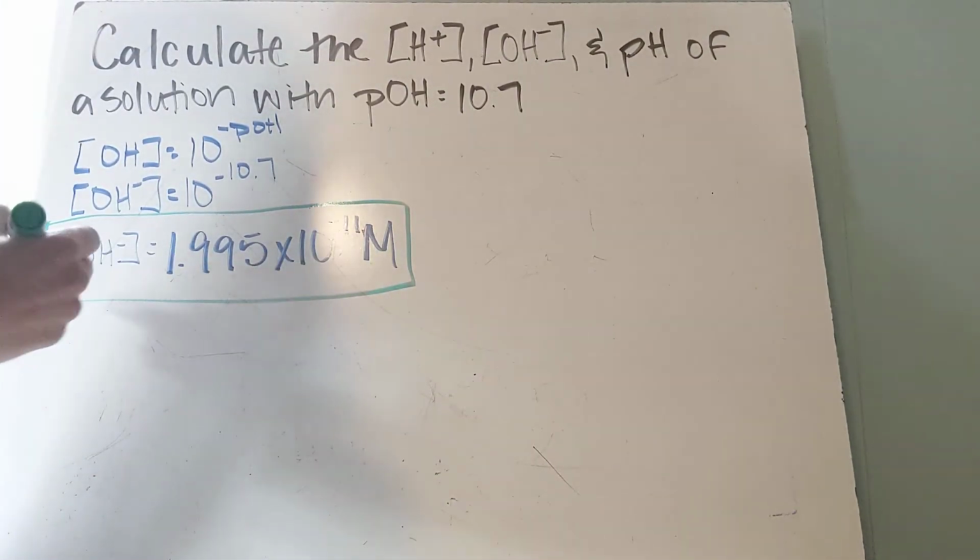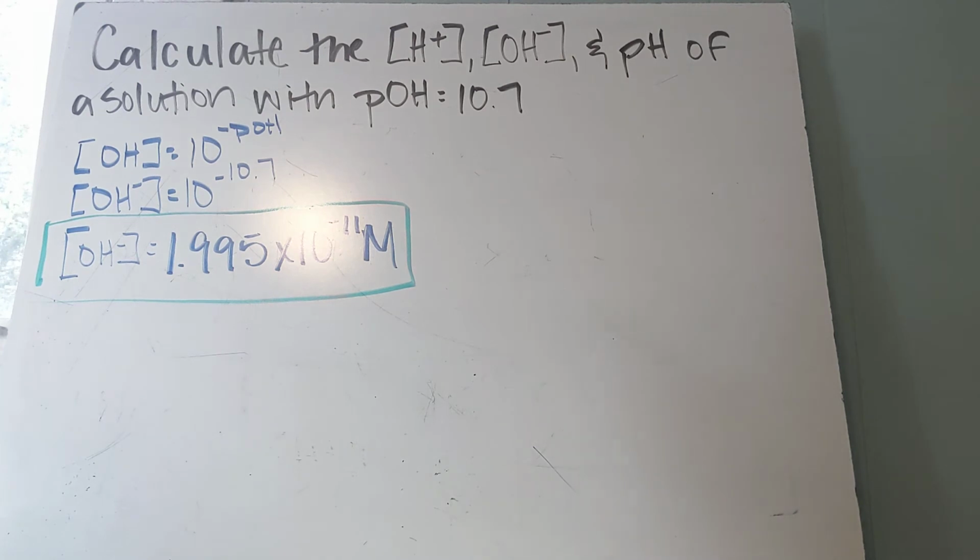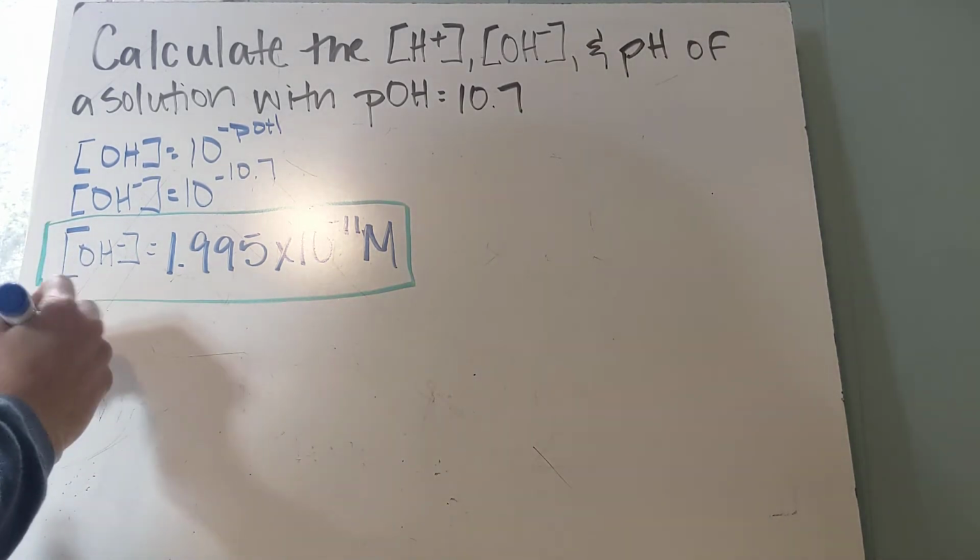Now, when I told you I was going to do this question a little bit differently, I'm going to use this value to get my H plus. So we're going to be using this to brush up on using that 1.0 times 10 to the negative 14th molar, the kW.